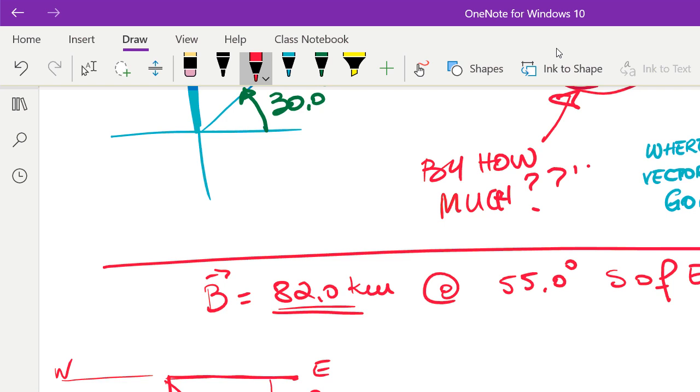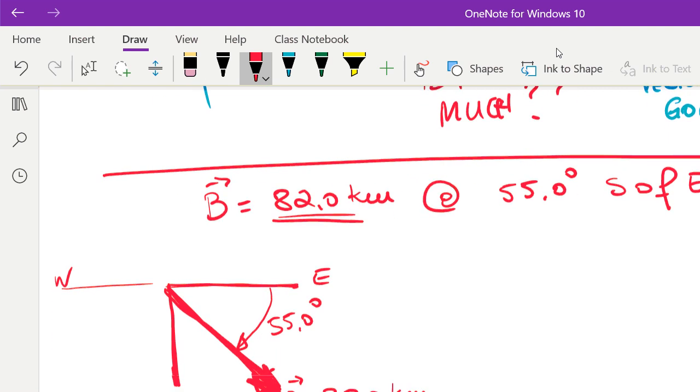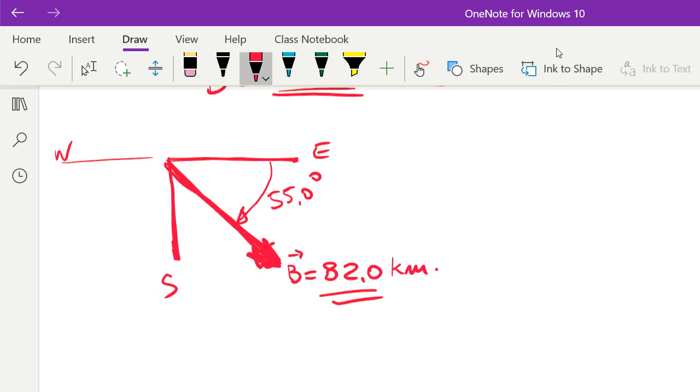And the line segment that represents the vector, this one here with an arrow, because this is how vectors are represented, is 82 kilometers.